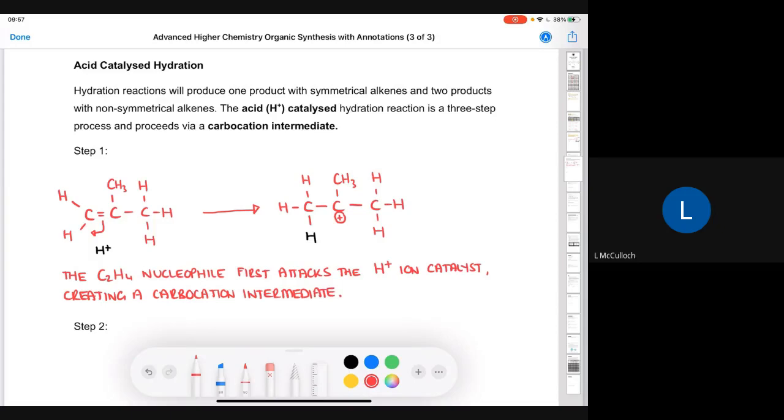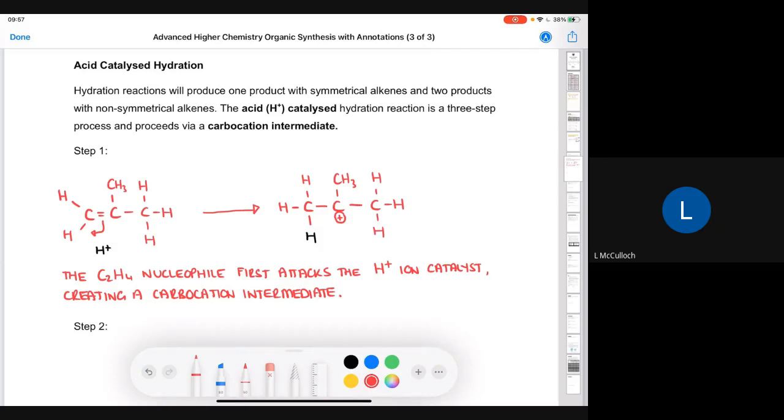So we can see that's exactly what we've got in that first step. The electrons in the pi bond, which is what makes alkenes a nucleophile, attack the positively charged hydrogen ion catalyst and give us our carbocation intermediate.